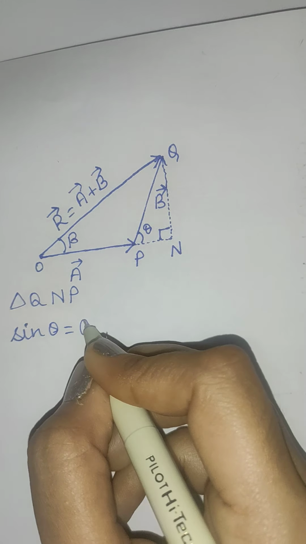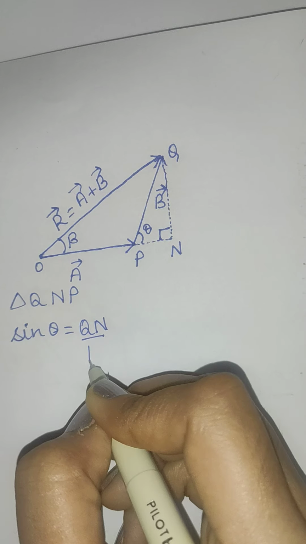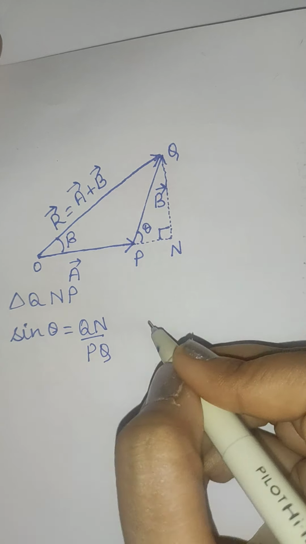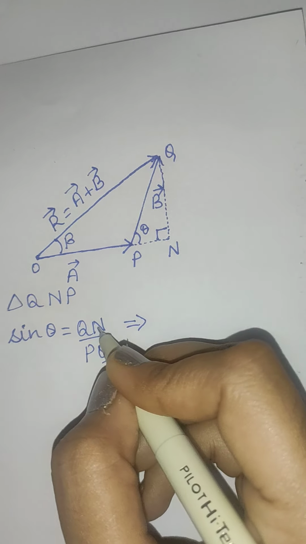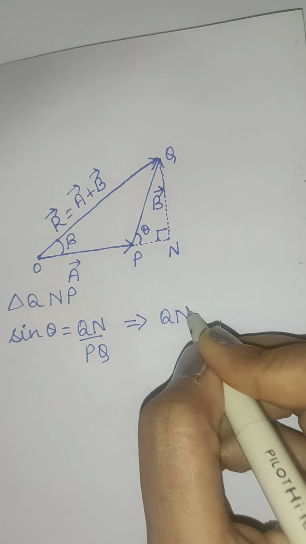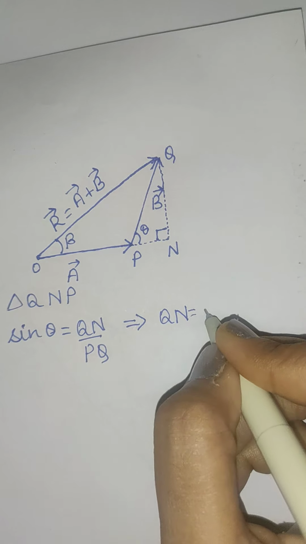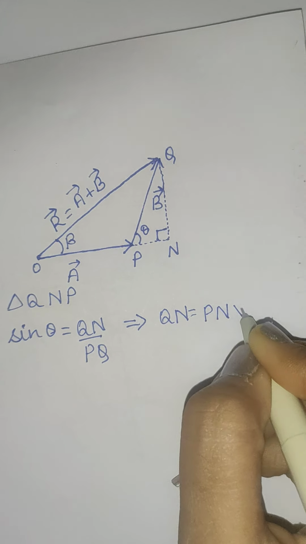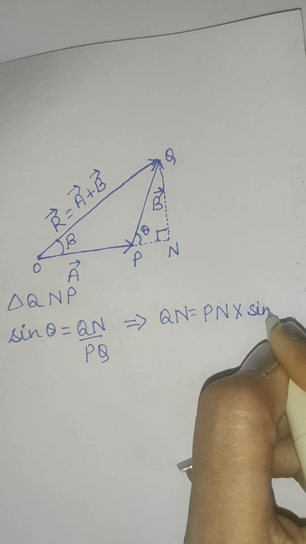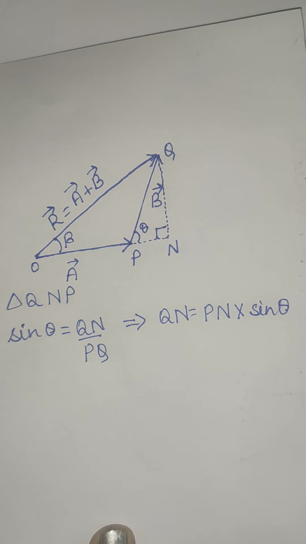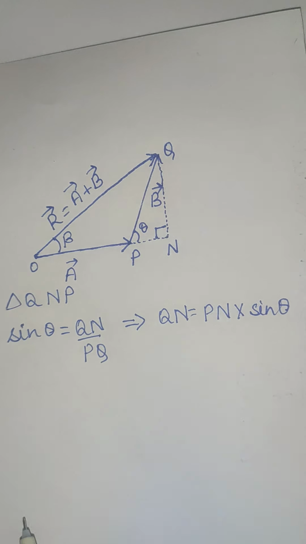So it will be equal to QN upon PQ. This implies QN is equal to PQ, which is in division. When I take it to the other side, it multiplies. So it will be PQ multiplied by sine theta. So here I get the value of QN.